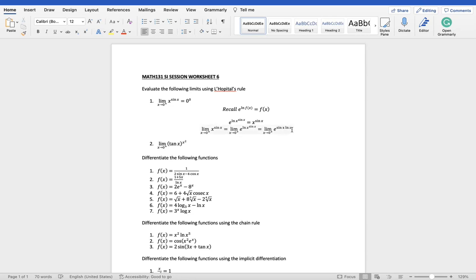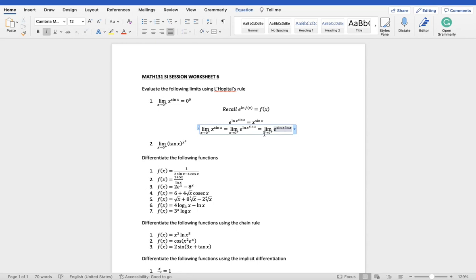Now, at this point, if you substitute x, you will see that you still get e to the sine of 0, which is 0, times ln of x as x tends to 0, which is not the same as ln of 0, so be careful there.